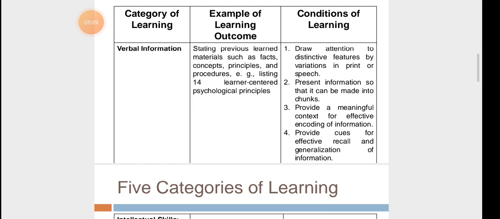Present information so that it can be made into chunks. Yes, the student can gather some details or information. Provide a meaningful context for effective encoding of information. Through verbal information, the student can seek a lot of information, especially when the voice is so clear.